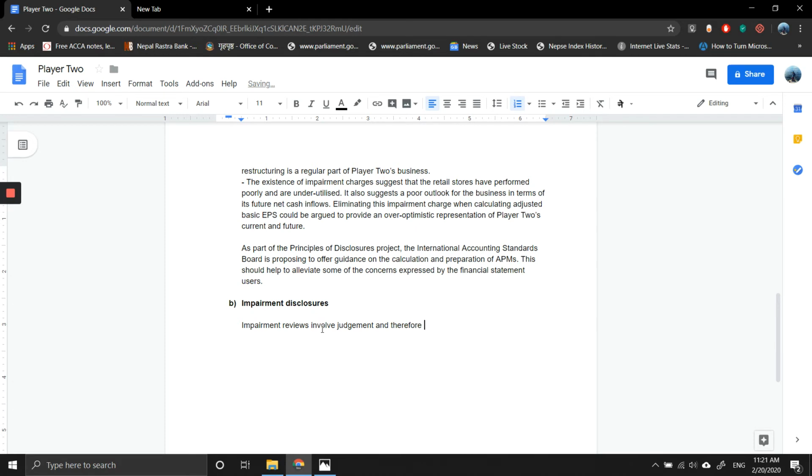And therefore the users of financial statements must be provided with adequate information to assess whether the assumptions used were reliable.